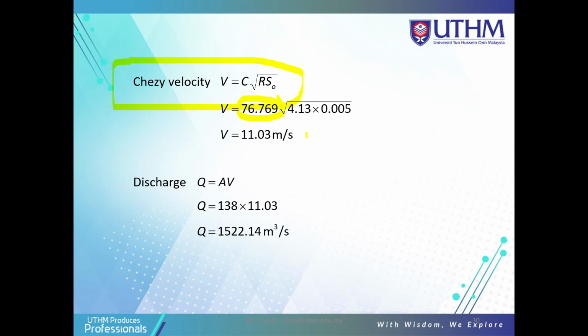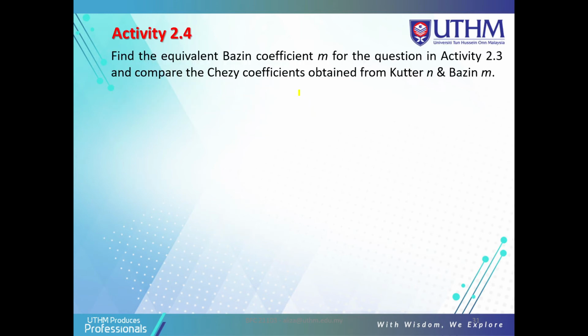These two topics use the same formulas. In activity 2.3, we use the Ganguillet-Kutter formula to get the C. In activity 2.4, we use the Bazin formula, with coefficient M, to get the C coefficient.